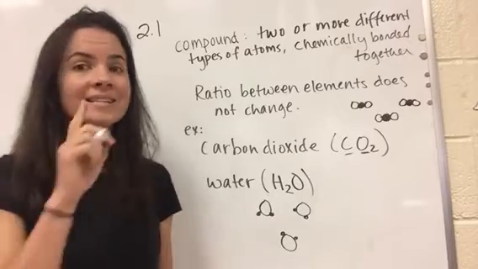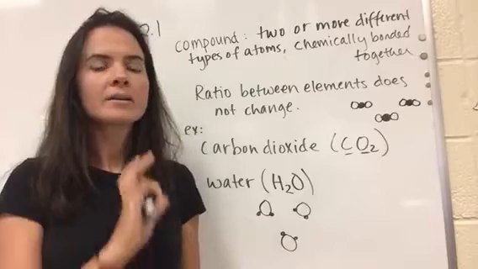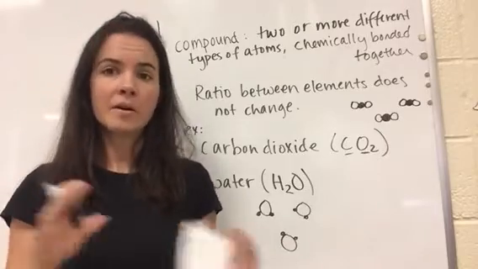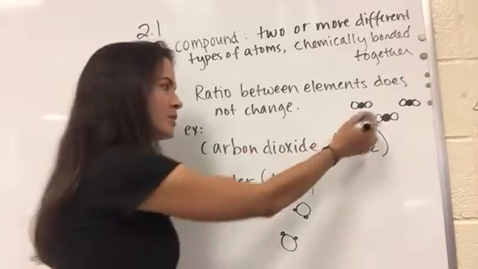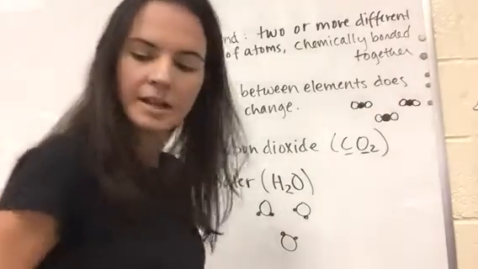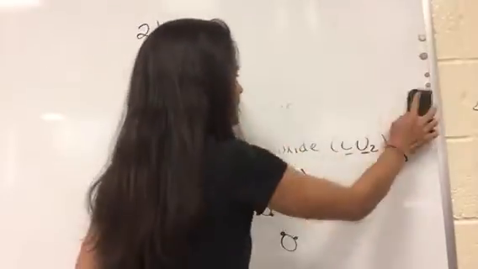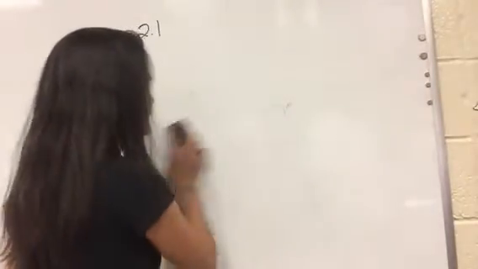Once more, an element is a single type of atom, one type of atom only, whereas a compound is two or more types of atoms that are bonded together, and the ratio between those atoms is always going to be the same. So the next one we're going to do is the difference between homogeneous and heterogeneous mixtures.